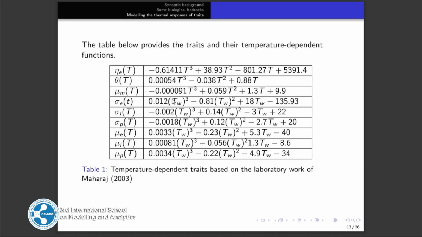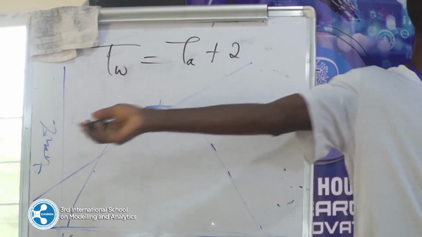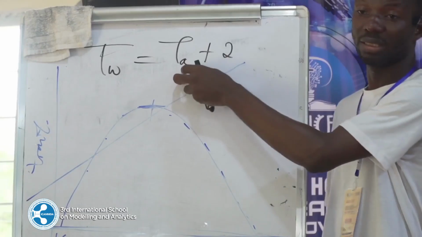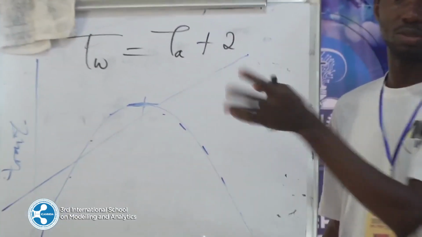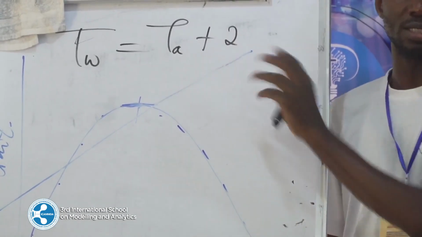Sometimes you may not really have access to the water temperature. So the water temperature is just 1 or 2 degrees more than the air temperature, but some authors made use of just T_A plus 2 as the water temperature.